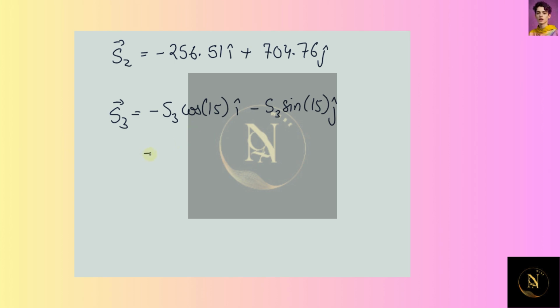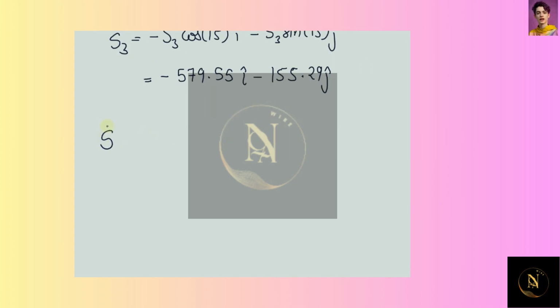S3 is 600, so calculating, this is minus 579.55 I cap minus 155.29 J cap.